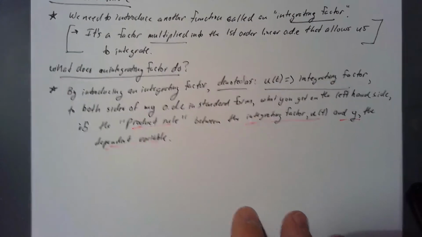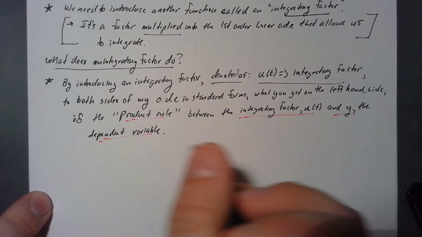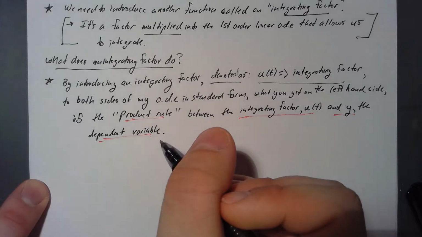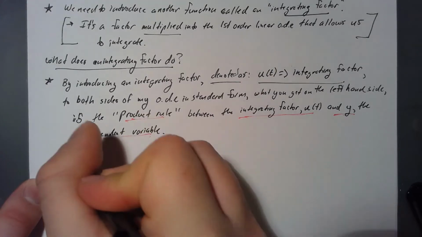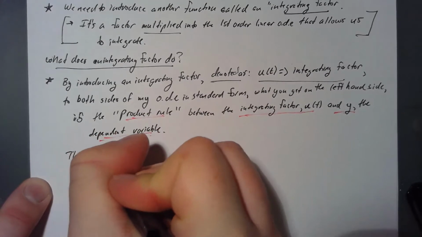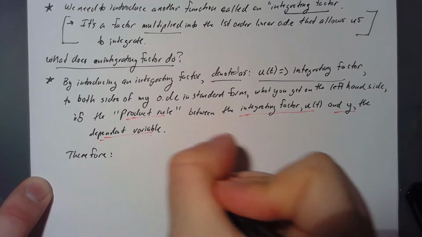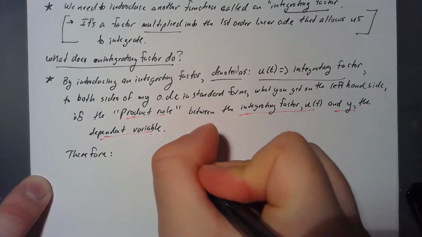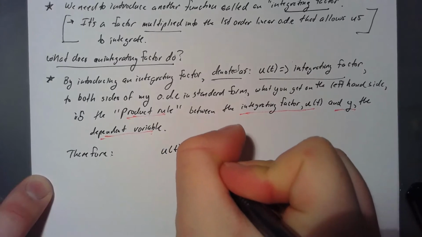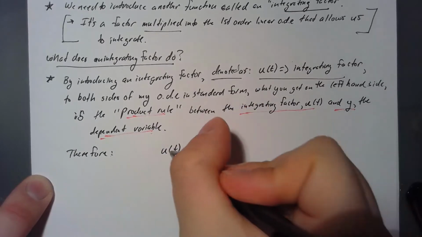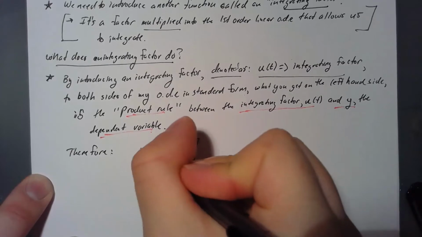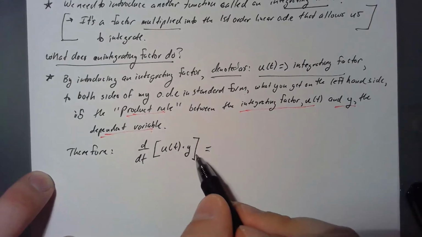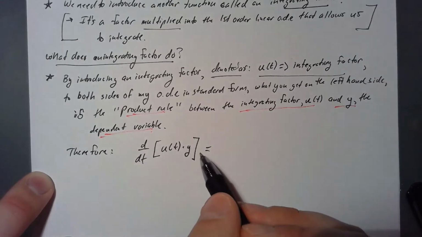So if I write that down in math notation, what I have is u of t times y, and if I take the derivative of that, d dt, well, the derivative of a product is the product rule, so high d low plus low d high.